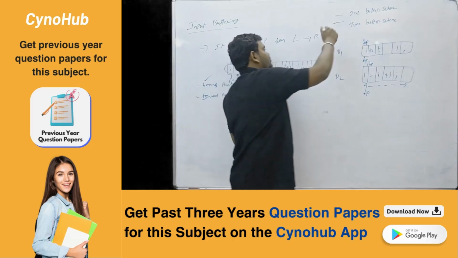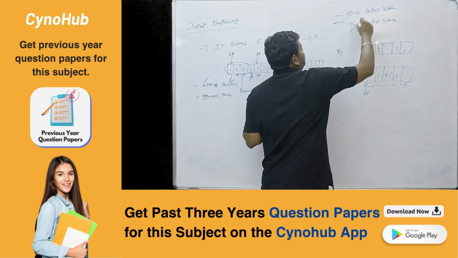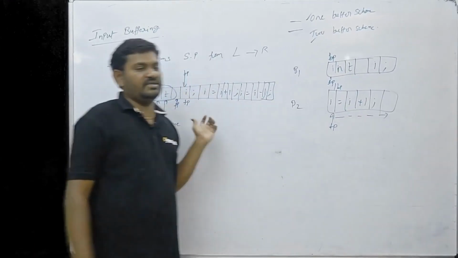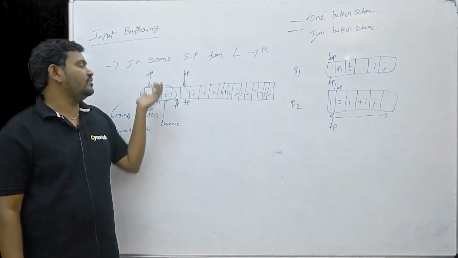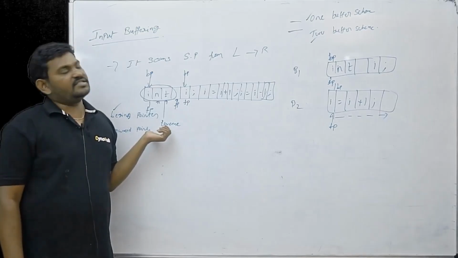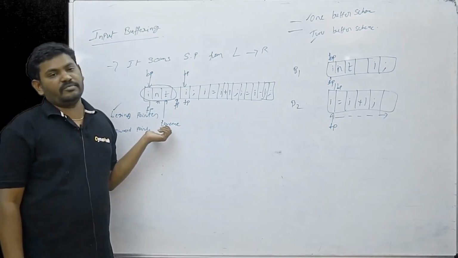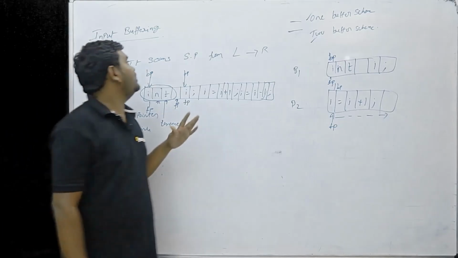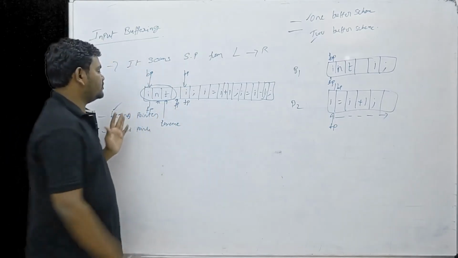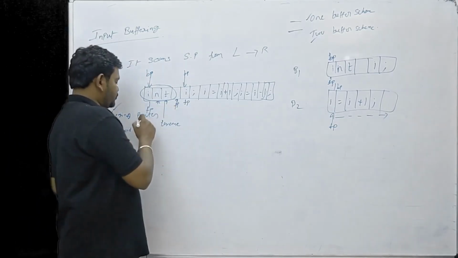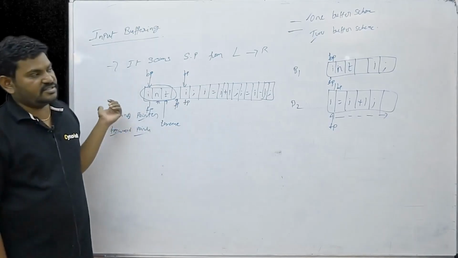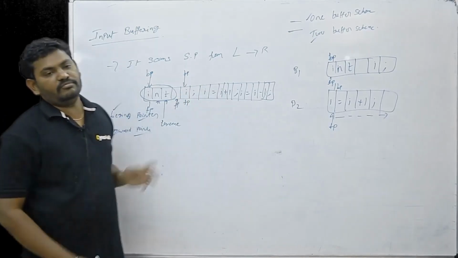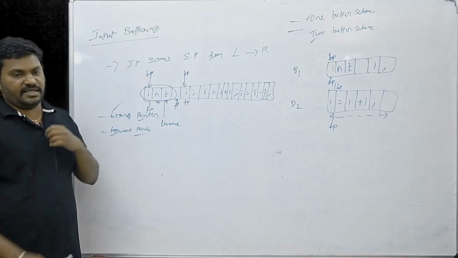That's why, if the length of the string is small, it uses the one buffer scheme, and if the string is longer, it uses the two buffer scheme, but there is no chance it scans the entire input program 100% correctly. There will be some conflicts. That's why input buffering is always used to scan the entire source program with the use of these two pointers. This is the thing about input buffering. We'll see in the next class.